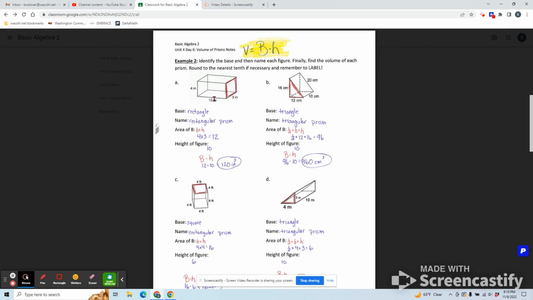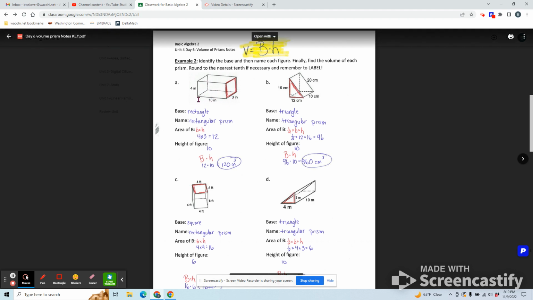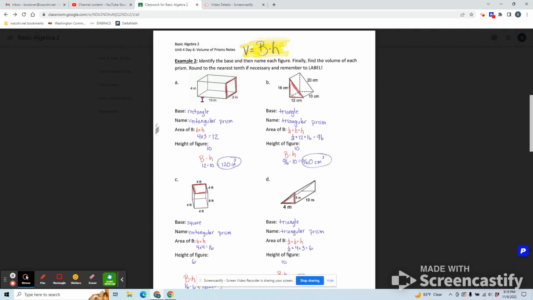The height of my figure is 10. So remember, if this is my base, if this were actually on the bottom, this would be the height. But since my figure is laying on its side, my height kind of looks like it's the length of the figure. So I plug everything in, 12 times 10, 120 cubic inches.